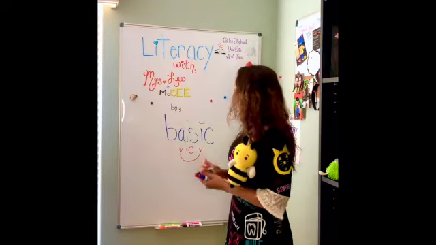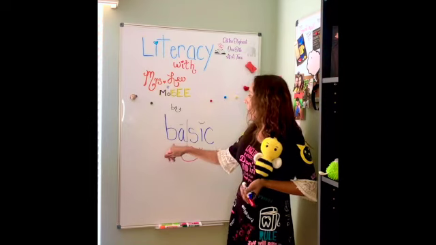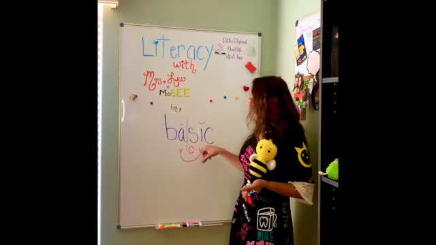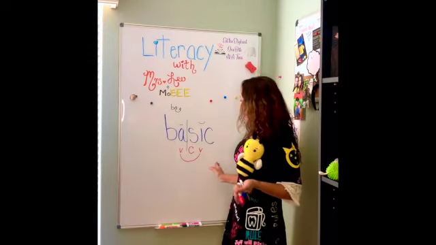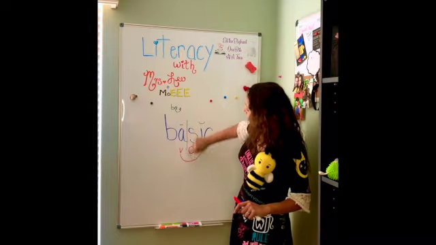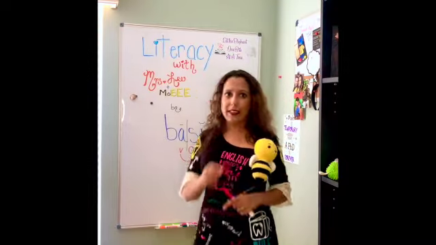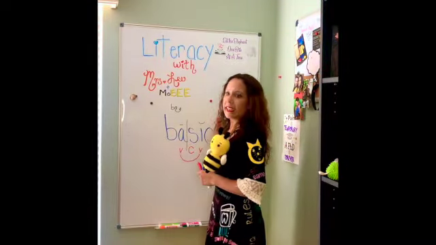Now, let's put this together and read the word: ba-sic, basic. So remember, most of the time you're going to cut after the vowel. Remember what I say, most of the time, because you guessed it, we're going to talk exceptions.